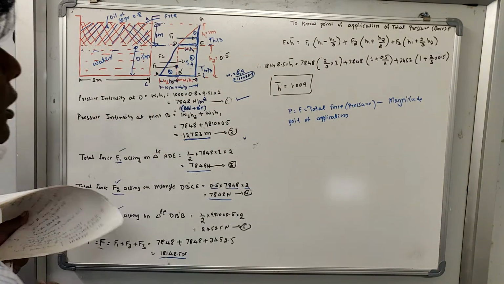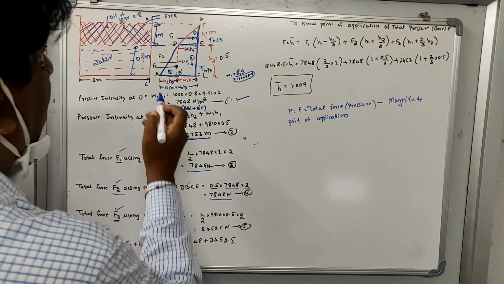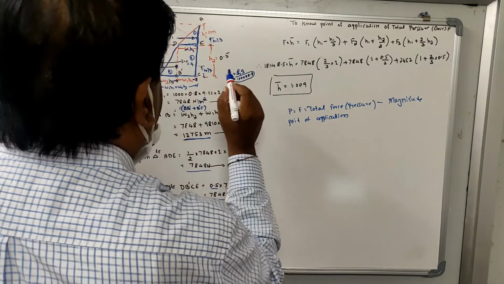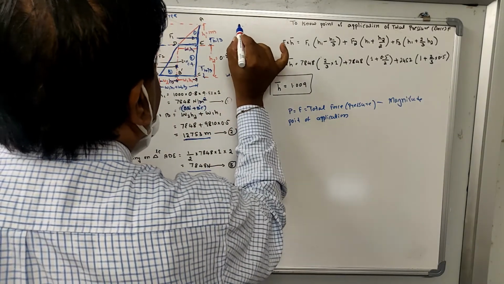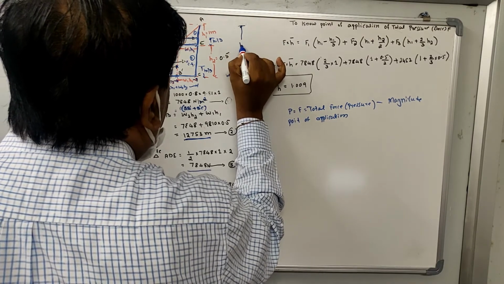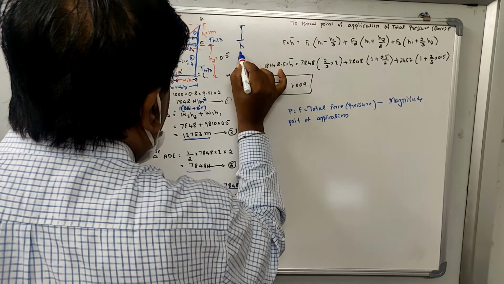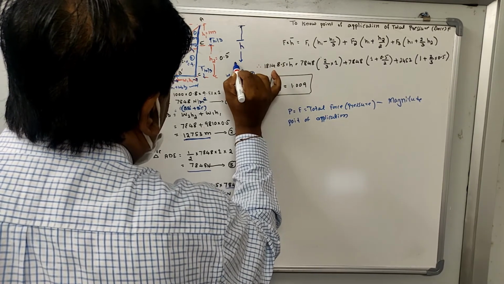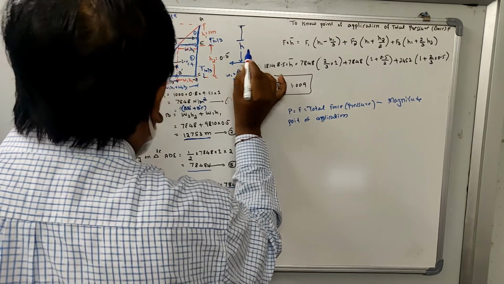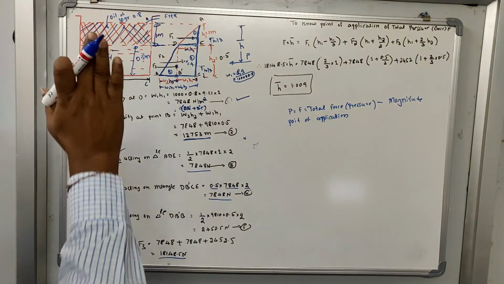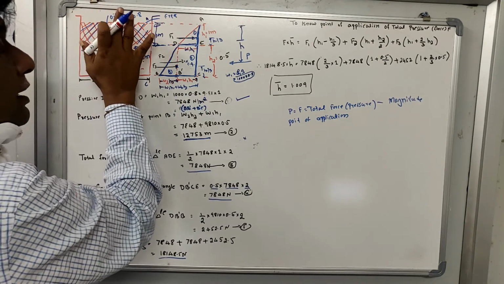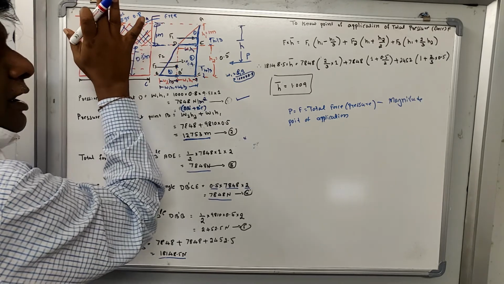Okay, so now the moment of this force, the total force, that is our F, from point A. The total force is lying at a depth h bar, and this is always in the opposite direction because this is the static mass of fluid, which means it is under the stationary condition, or under equilibrium.